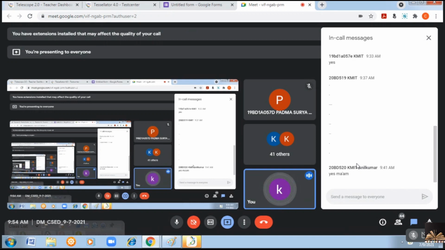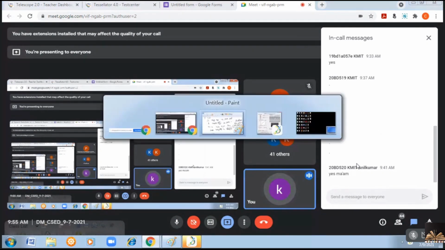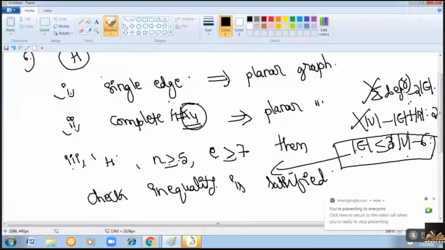If the new graph obtained is a complete graph K4, then again it is a planar graph. Or if the graph contains vertices greater than or equal to 5 and edges greater than or equal to 7, then you check whether E is less than or equal to 3V minus 6 is satisfied or not. If yes, it is a planar graph. If not, it is a non-planar graph.